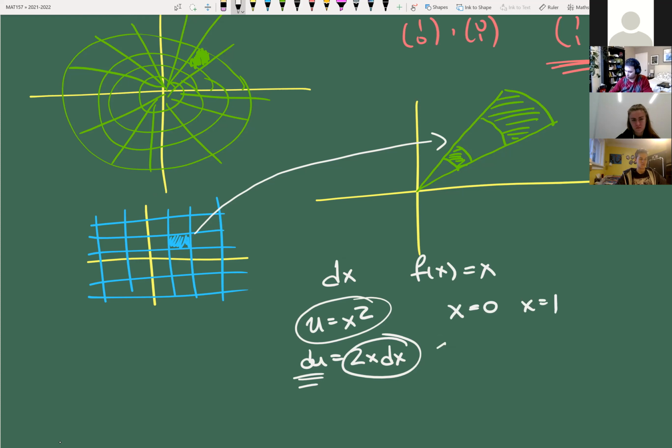Well, u only changes by 1 as well. But now when x is equal to 2, u is equal to 4. The distance here has actually increased. So by defining u to be this new variable, the distances are stretching as x becomes bigger.